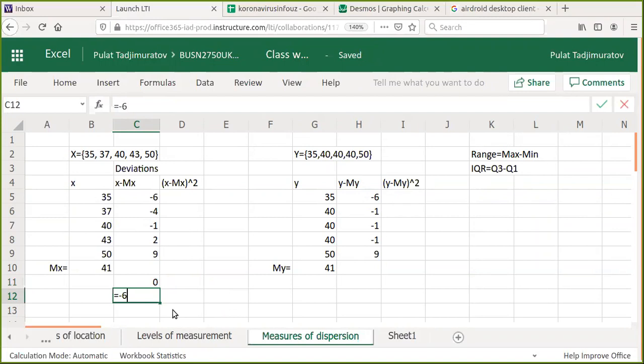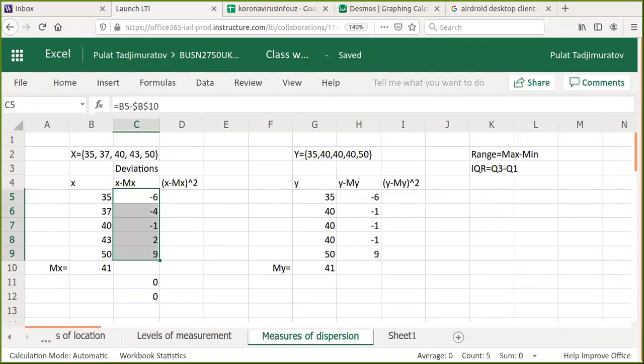So let's check manually. Minus 6, minus 4, minus 1, plus 2, plus 9. Before I go ahead and calculate it, let's try to calculate it ourselves. Minus 6 minus 4 is minus 10, minus 11, minus 9, plus 9, 0. Yeah, it's right. So the sum of the deviations is 0, and it's not some kind of lucky accident.